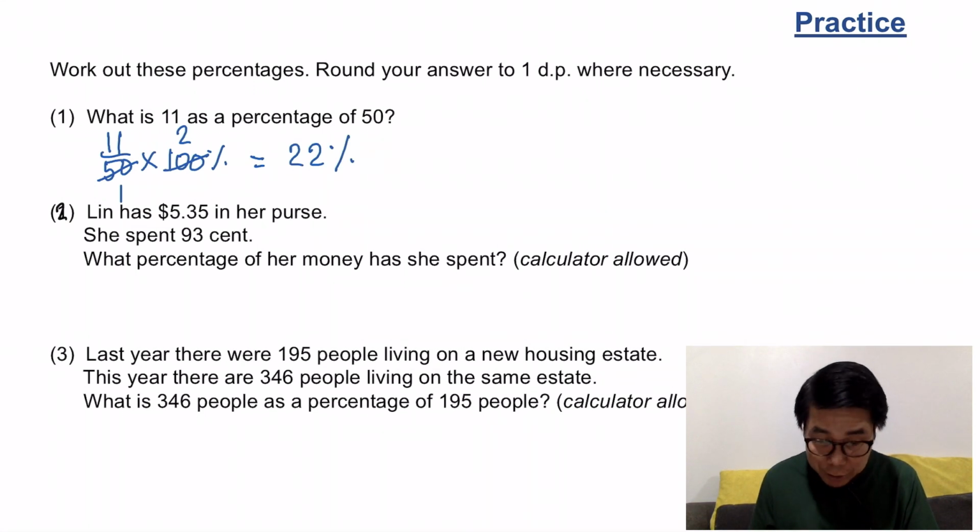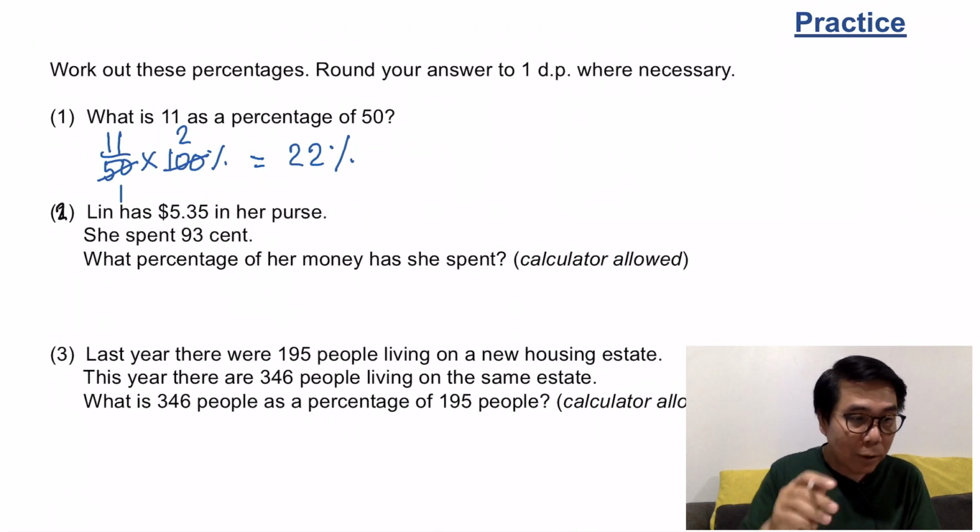Now, for number 2, it says Lynn has $5.35 in her purse. She spent 93 cents. What percentage of her money has she spent?